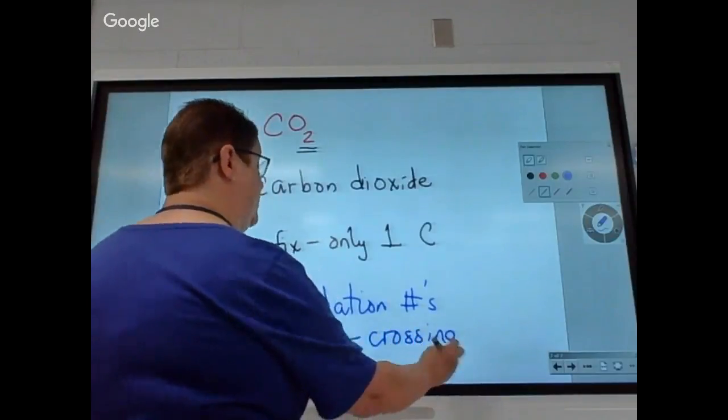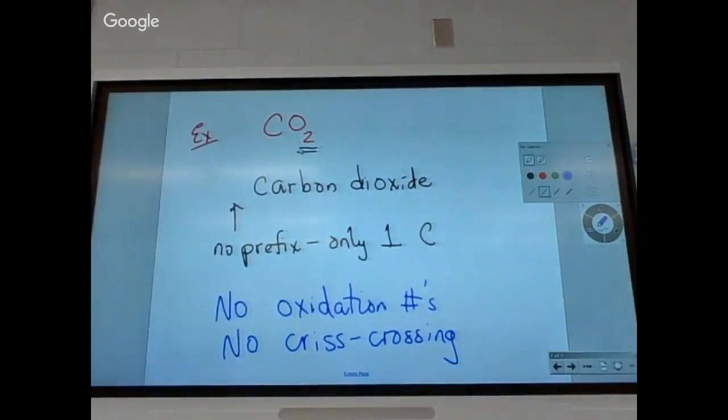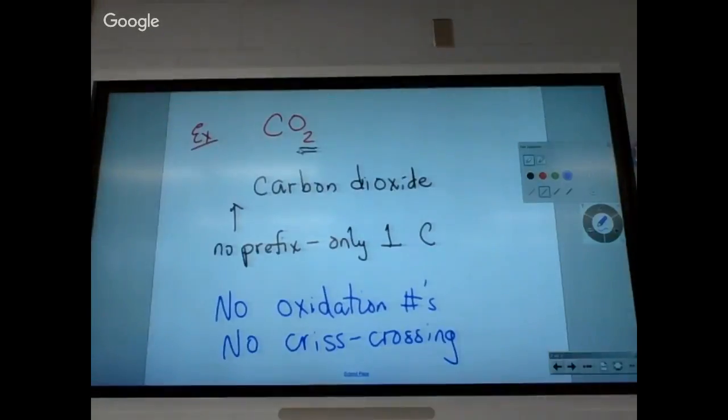I didn't ask you an oxidation number. I'm never going to, even when we write the formulas, okay? We're not going to crisscross. It doesn't matter, okay? So there's never going to be a Roman number either. We're just going to look at the subscripts, and we're going to write the formula. That's why people like this method. The problem is you can't use it all the time.